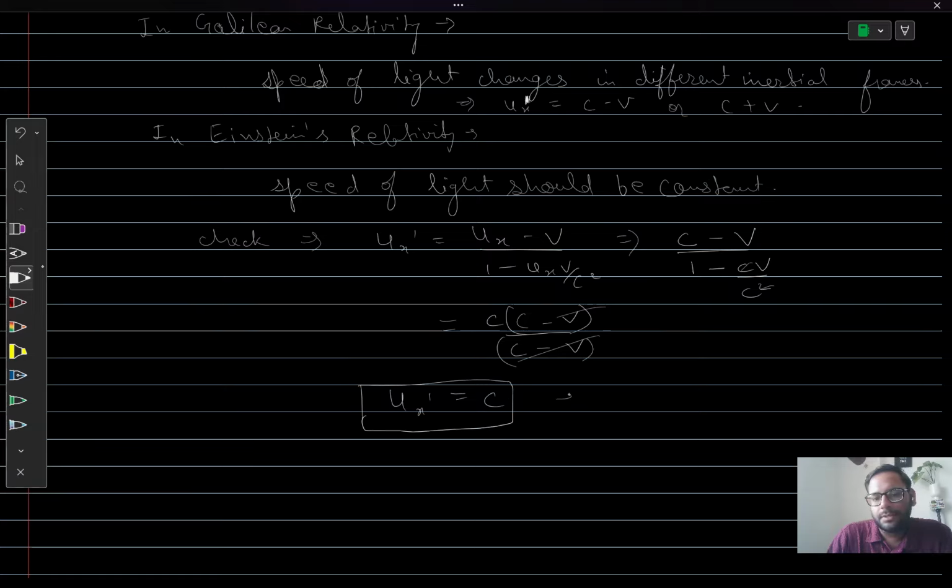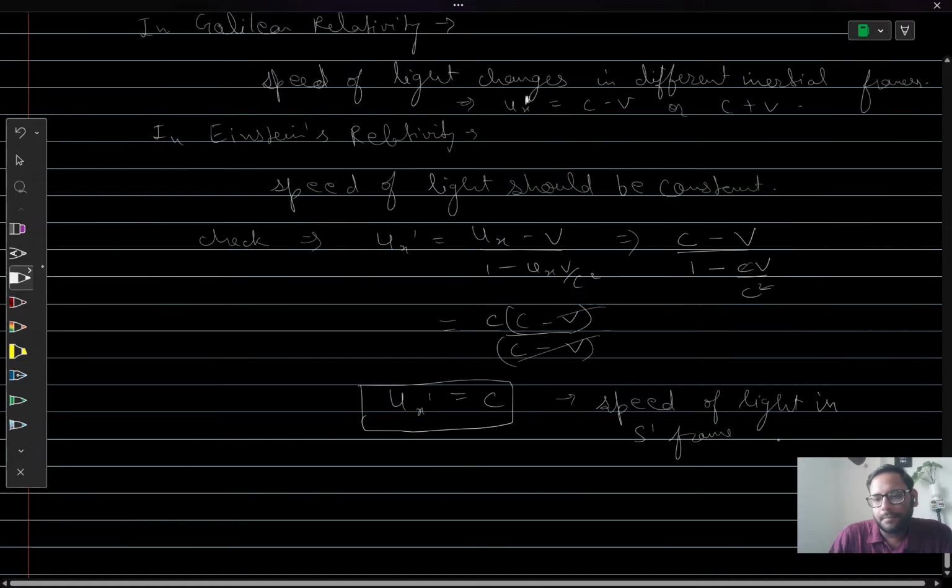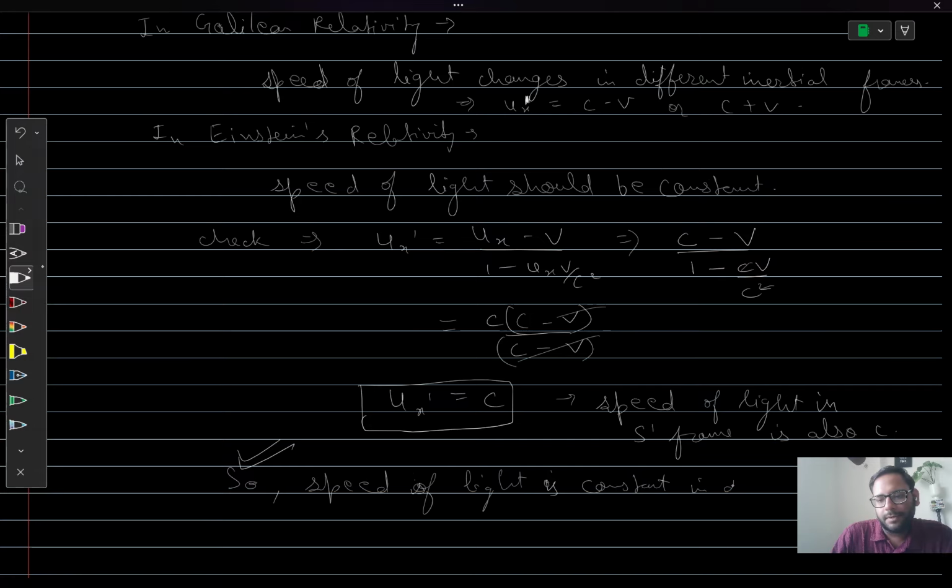So this is the velocity, or say the speed of light, in S prime frame, is also c. So it checks. Okay, so the speed of light is constant in different frames, observed from different frames.